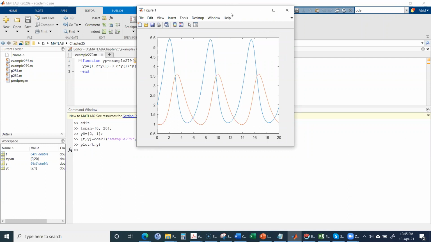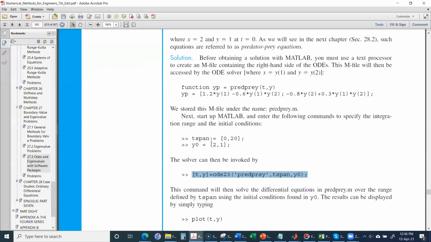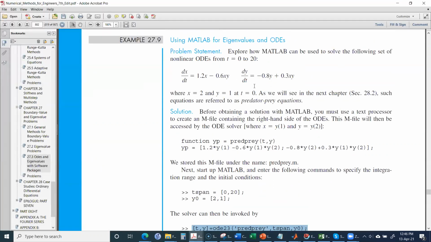So what does this result show? One of the curves will be x against t, and the other curve will be y against t, because in this case the system is dx over dt, dy over dt.